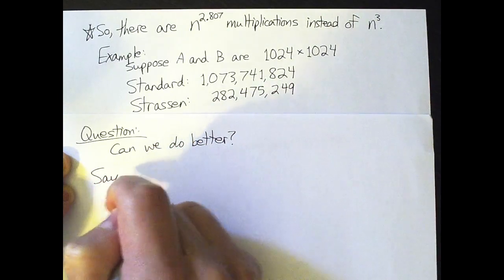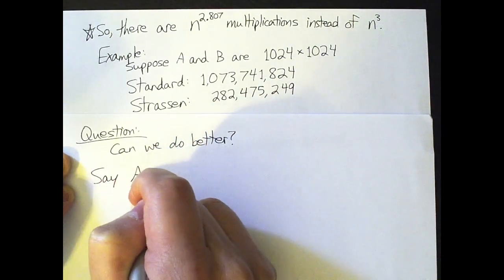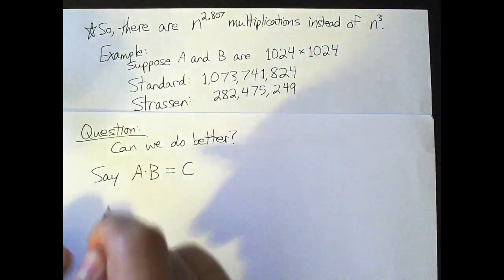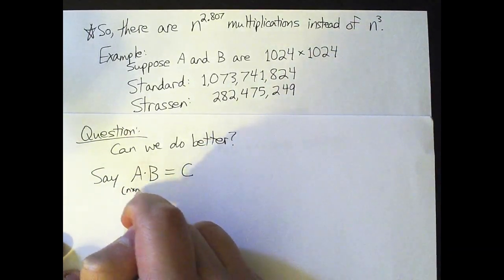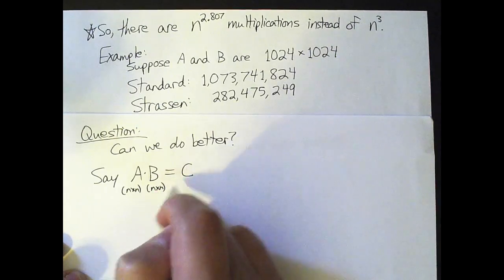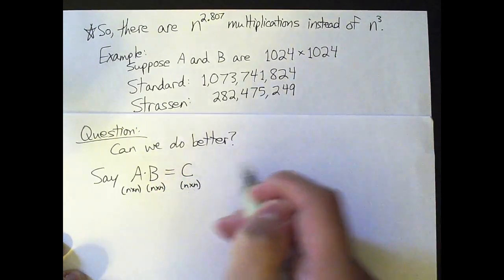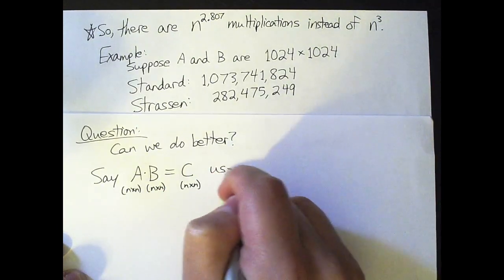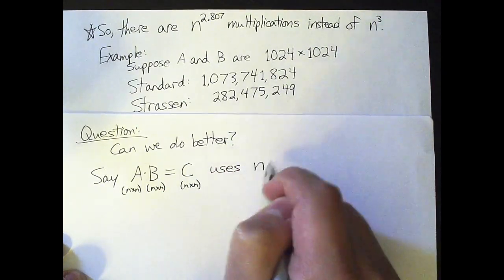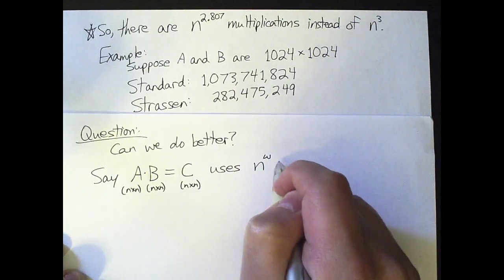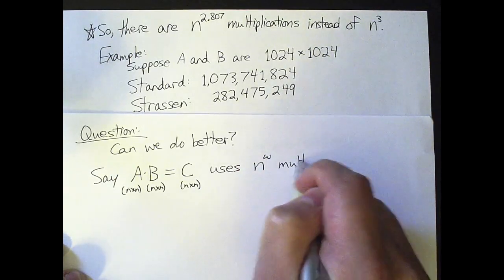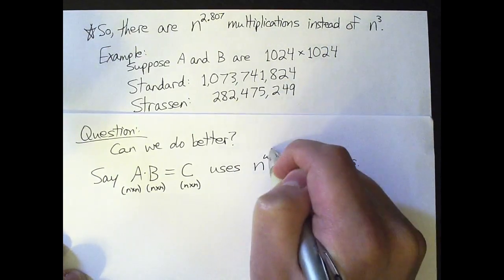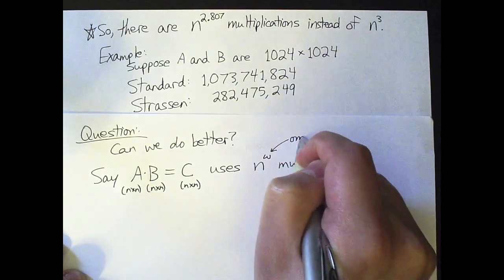Let's say that A times B equals C, and let's assume that we're talking just about n by n matrices here. Let's say that it uses n to the omega multiplications. So we're giving this thing a name. This is the lowercase Greek letter omega.